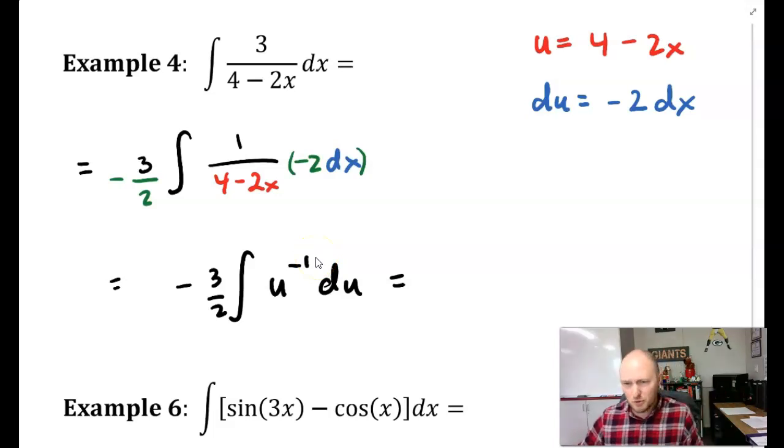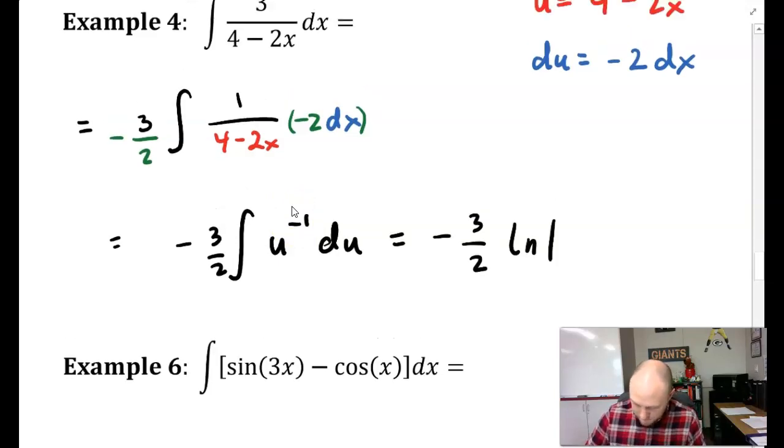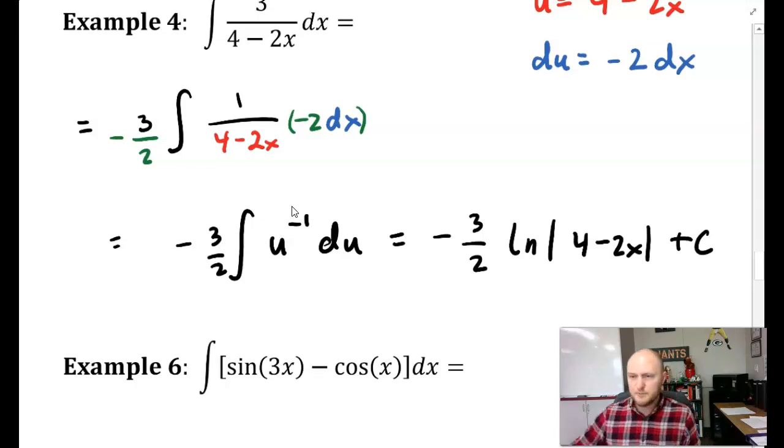We know this. The world will explode. So this rule, this is 1 over u, which we know is the natural logarithm of u, which is, in this case, 4 minus 2x, plus a constant. Okay, and there's your u substitution. So easy, so easy.